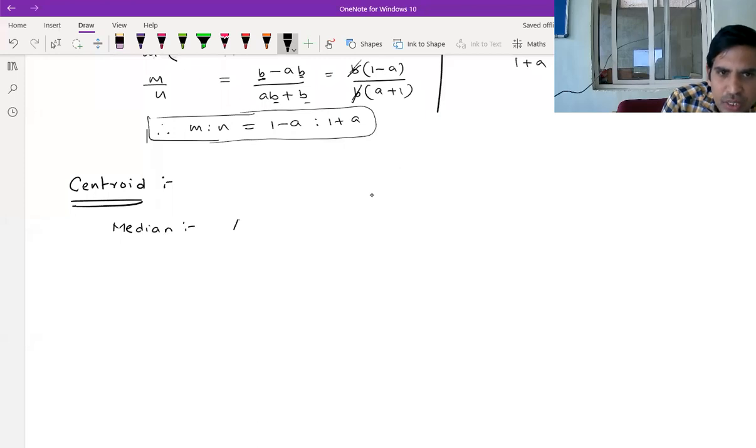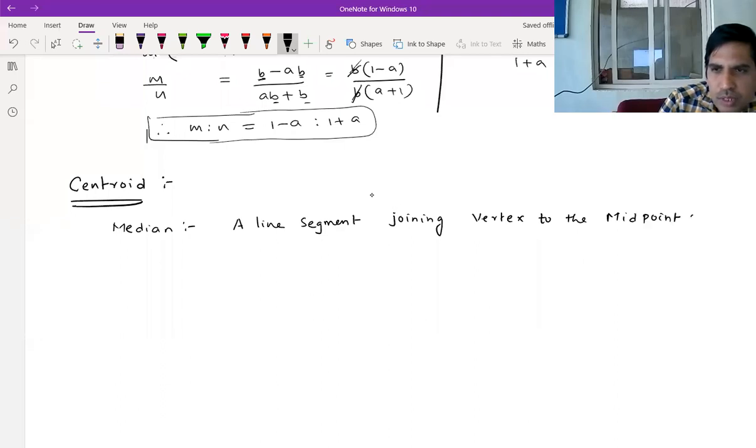Nothing but a line segment joining vertex to the midpoint of opposite side is called median of the triangle.